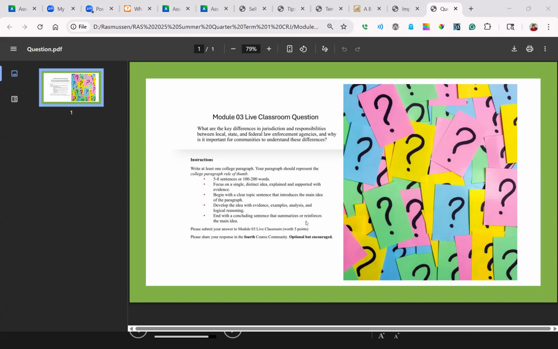And you're always encouraged to share your thoughts with your colleagues. Question serves a couple purposes. First, it helps you gain 5 points. And second, you should see a strong similarity or relationship between the live classroom question and the outline you're putting together. So I hope by participating in this question will help you complete your assignment.